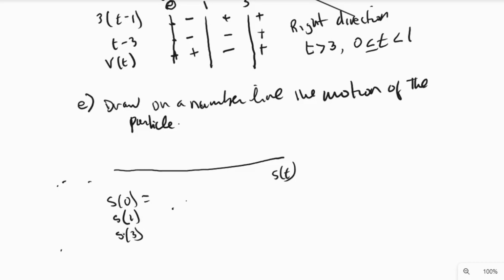S at 0 is equal to 5, S at 1 equal to 9, S at 3 is equal to 5. So for the number line of S(t), I start with 0 here, I need 5 because there is 5 here on the number line, or S. Then we have around 9 here.